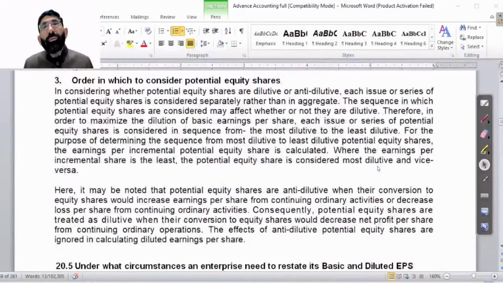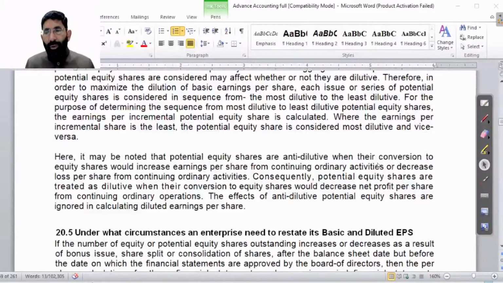How to calculate regarding ESOPs, that we will discuss only after discussing the ESOP chapter, which I will cover within the next 2 or 3 lectures. Then you will better understand the concept of ESOPs.